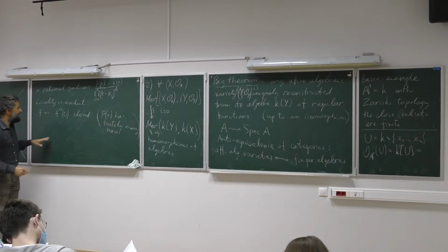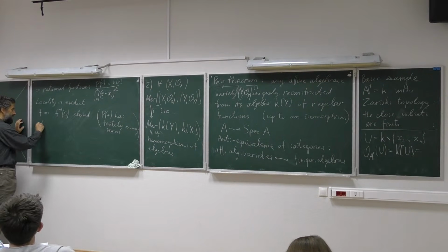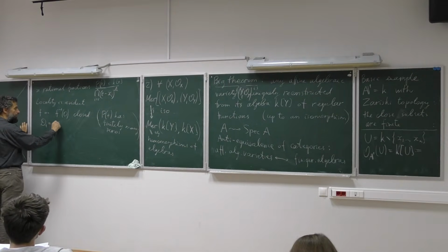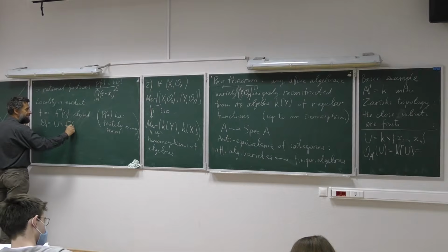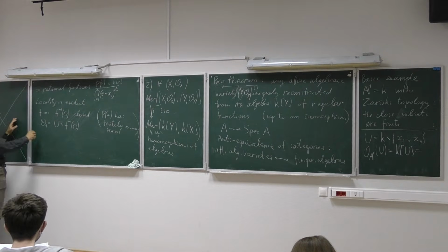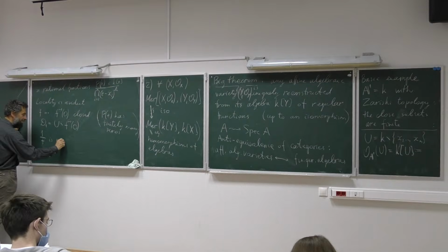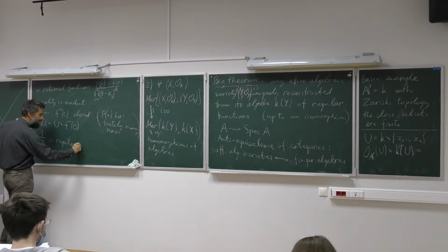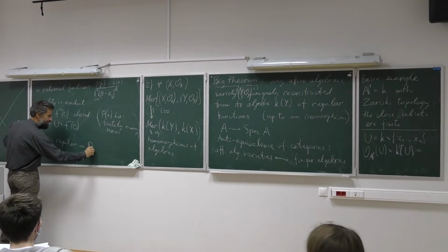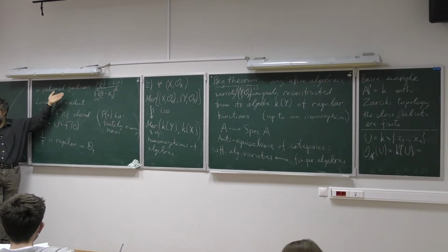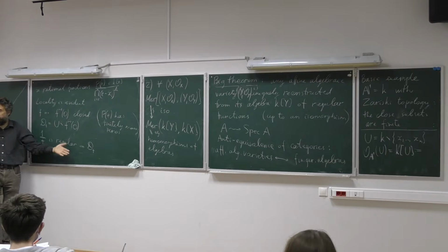And then we must also check that D_f, this is the complement U minus f inverse of 0, and 1 over f is regular on D_f. So now we already do have the notion of regular functions, so there is something to check.